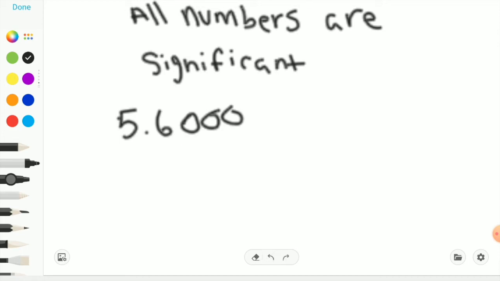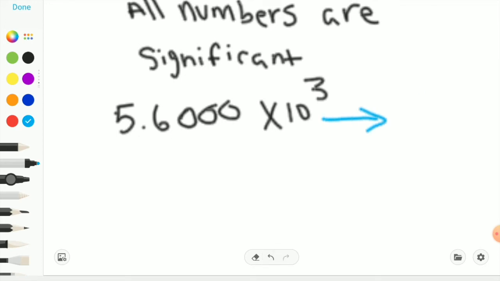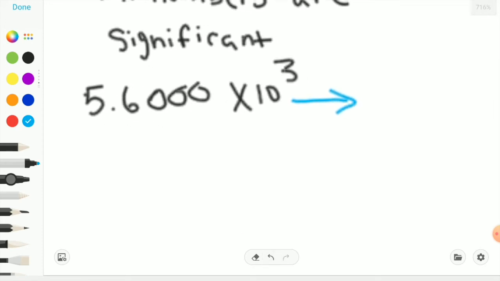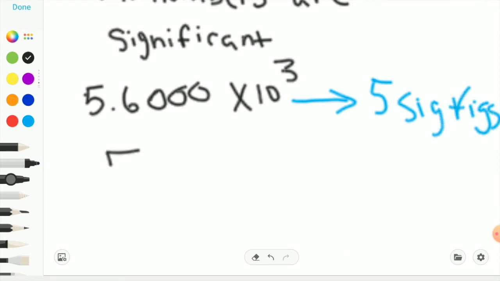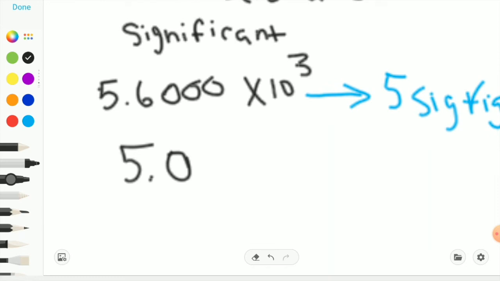But yeah, it's times 10 to the 3. All of these are significant, and that is 1, 2, 3, 4, 5. And in general, if you have a number that's 5.0, there are 2 sig figs because it's after a decimal and there's a number before it that's significant.